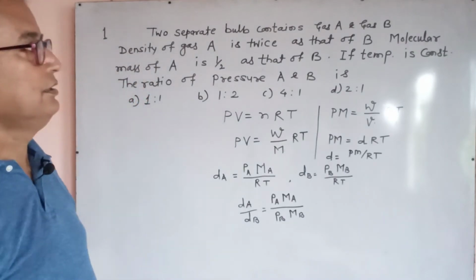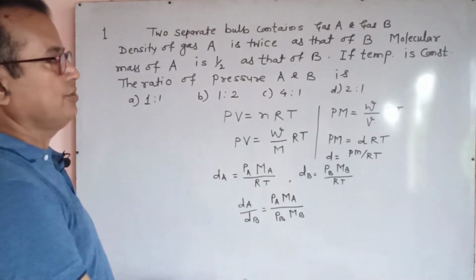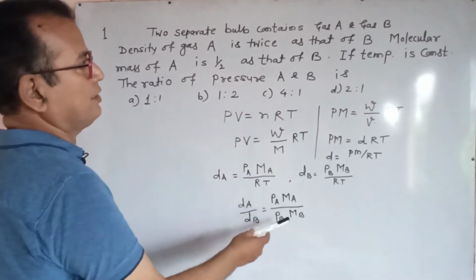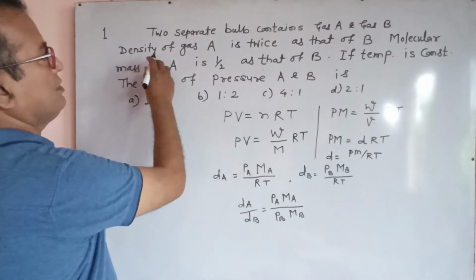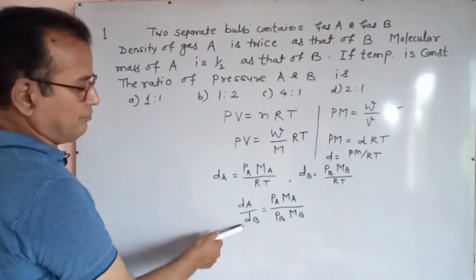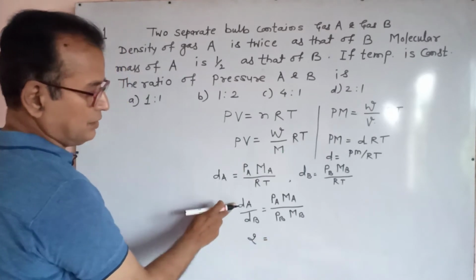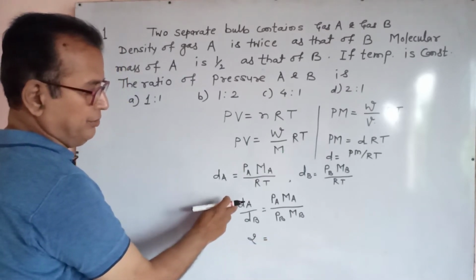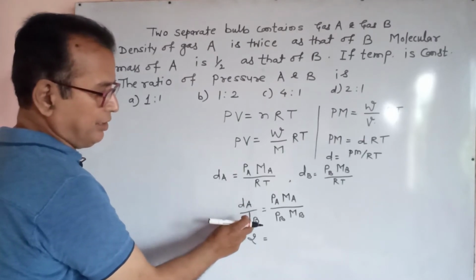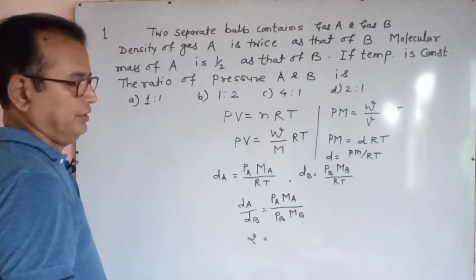The molar mass ratio is also given, and the density ratio is given. The density of gas A is twice that of B, so it is 2 into dB divided by dB, which is equal to 2.